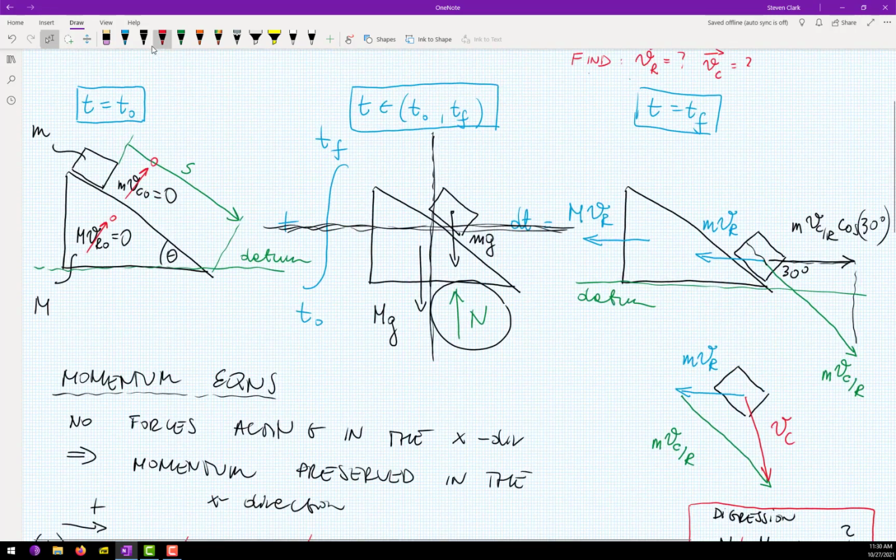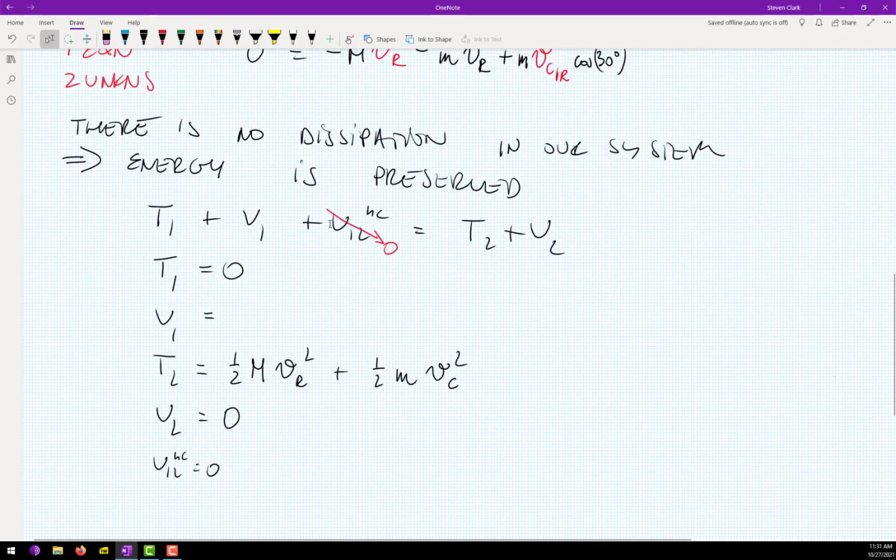At the beginning, our crate is this much above the datum. This distance, if 30 degrees is in here, will be S times sine theta, sine 30. So this is our elevation at the beginning: mg S times sine theta.